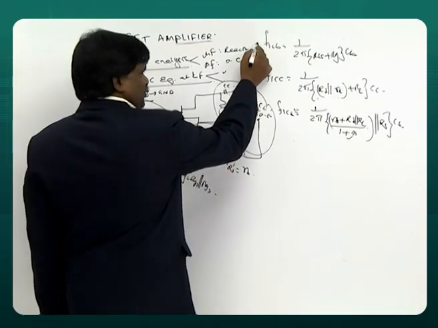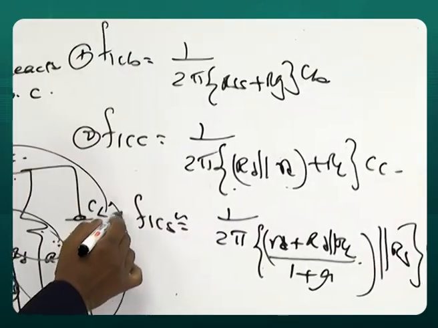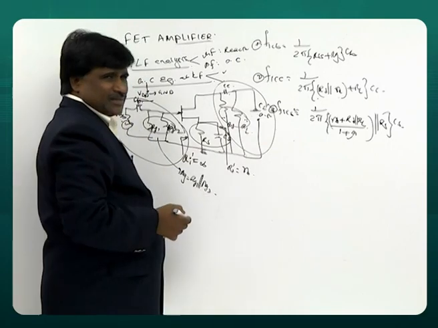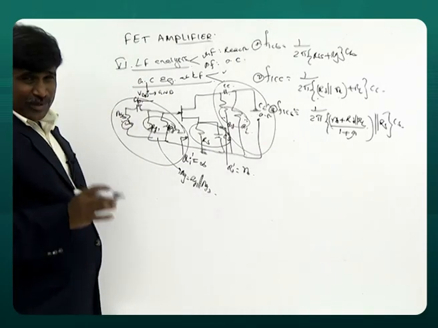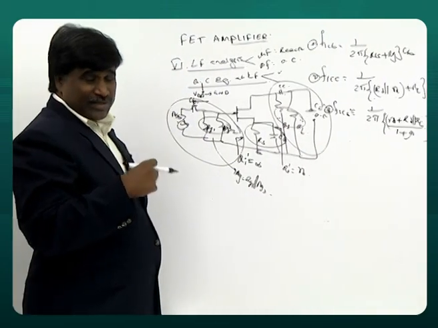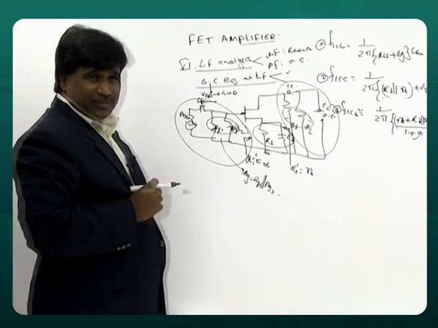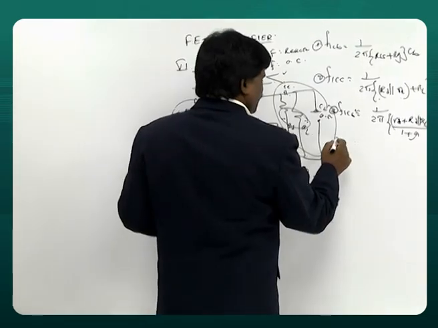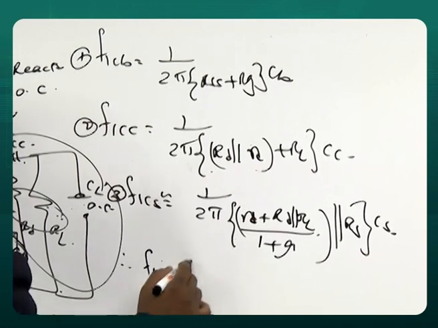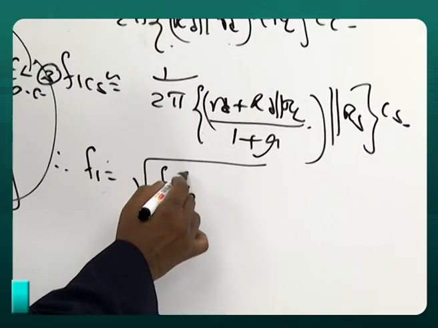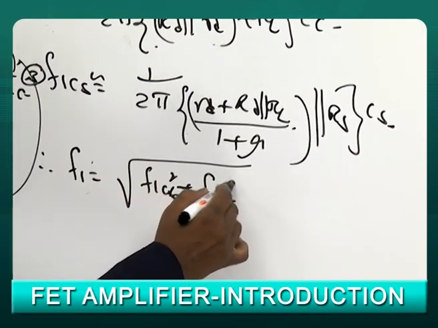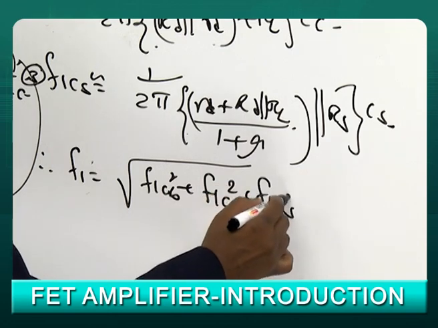So F1 due to CB, F1 due to CC, F1 due to CS. But if you see in the frequency response diagram, you saw only one F1 now. That means you can't have 3. Therefore, F1 is root of F1 CB square, F1 CC square, F1 CS square.